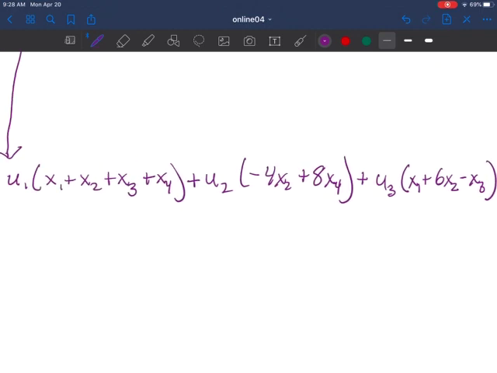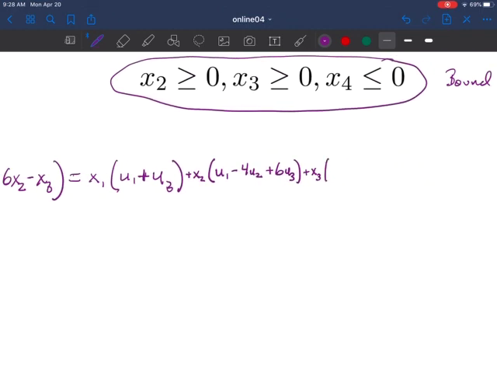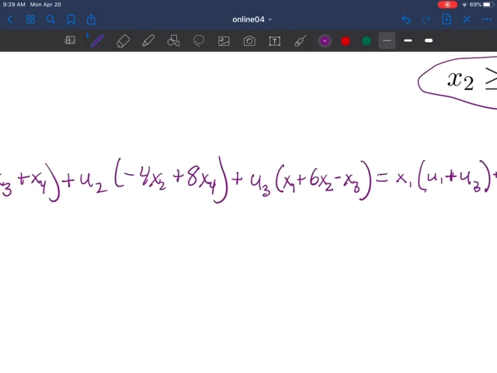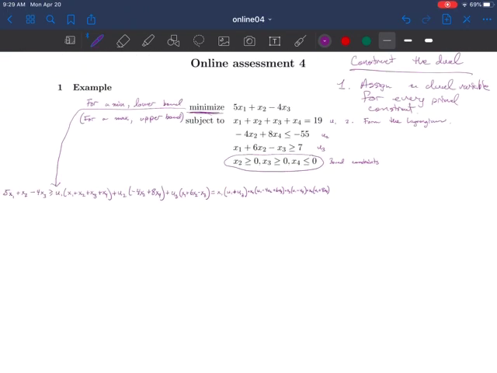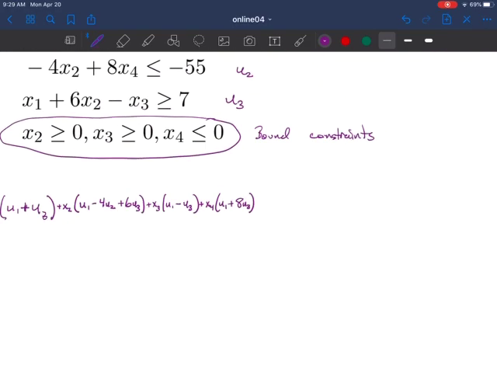There's an x3. That's in the u1, not in the u2, but it is in the u3 with a -1. And so it's u1 minus u3. And finally, there's an x4. It's in the u1 with a 1, has an 8 in the u2, and is not in the u3. So it's +8.